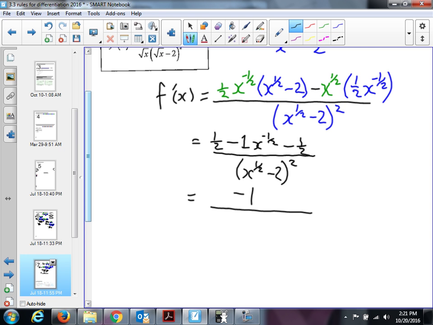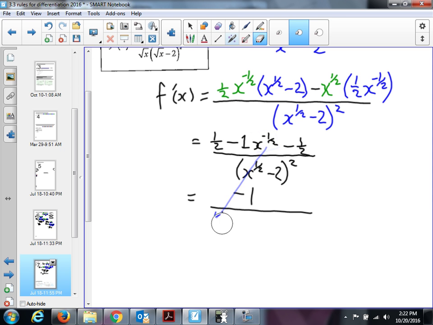Negative 1. X to the negative 1/2, well, first of all, 1/2 means square root. The negative means, if you want to make that exponent positive, put it on the bottom. So x to the negative 1/2 from here really means x to the positive 1/2 on the denominator. I've taken the reciprocal. But I'm not going to keep it as that.